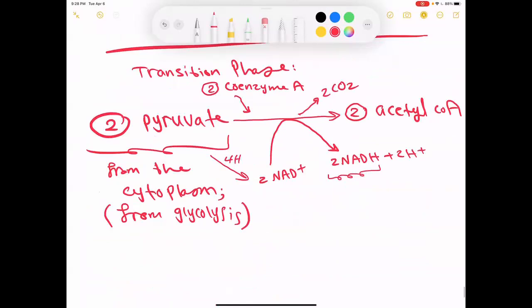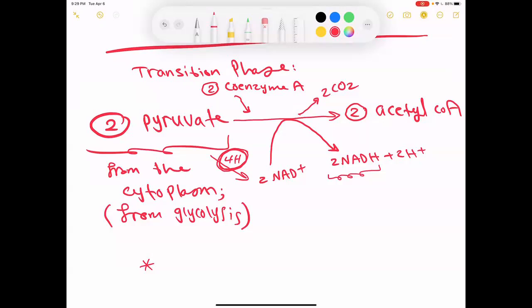But now we know more about that transition phase, so we want to come up with a more descriptive term for it. Look, what is going on with the pyruvate? The pyruvate is clearly getting oxidized, losing hydrogen, which means it's getting dehydrogenated.